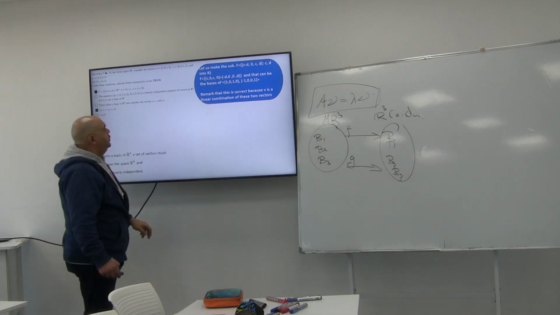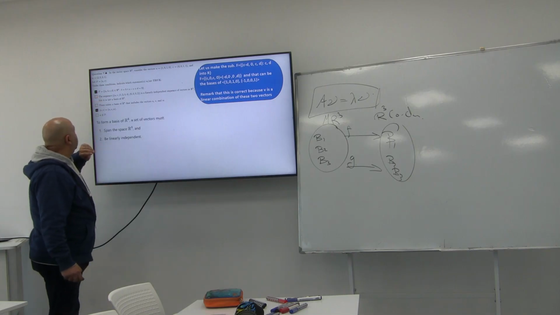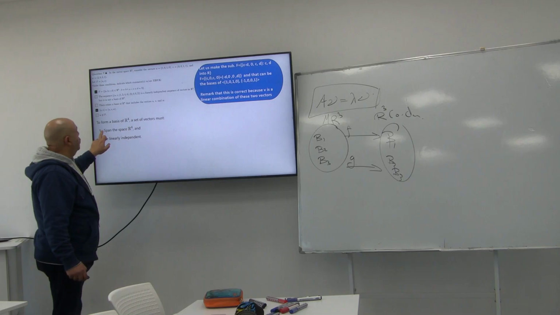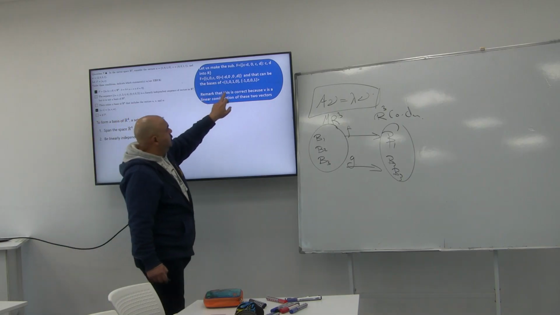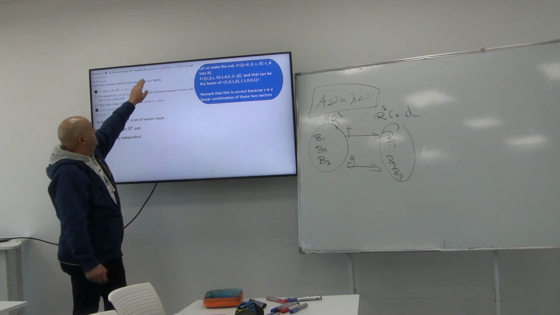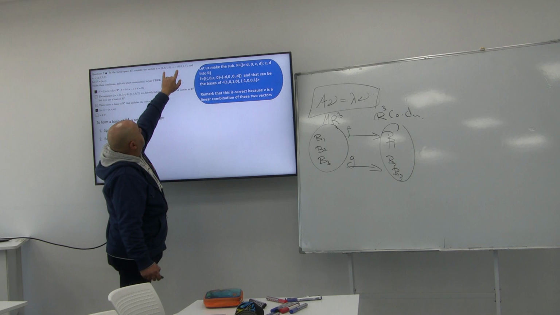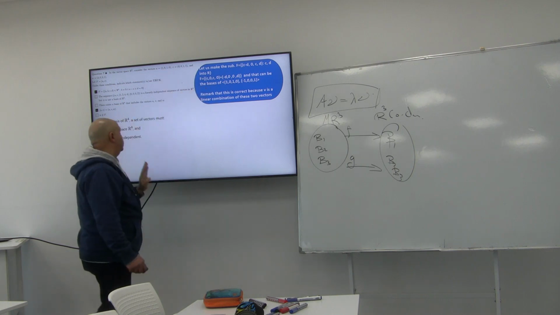And let's compare these two vectors with what is given as U and V. So from these two vectors, this is correct because U and V are linear combinations of these two vectors. So A is correct.